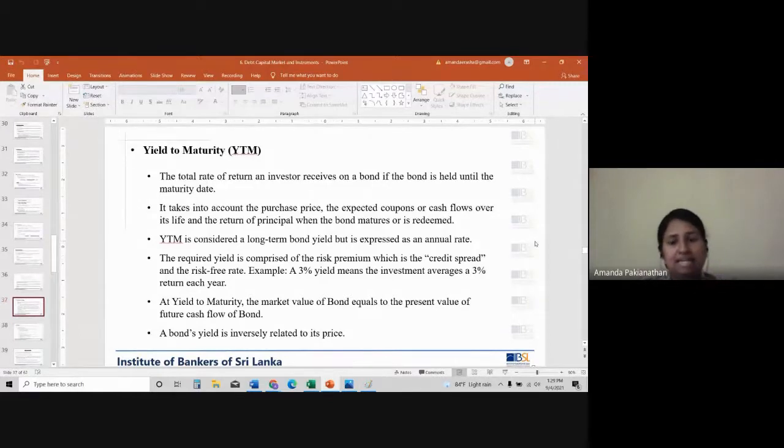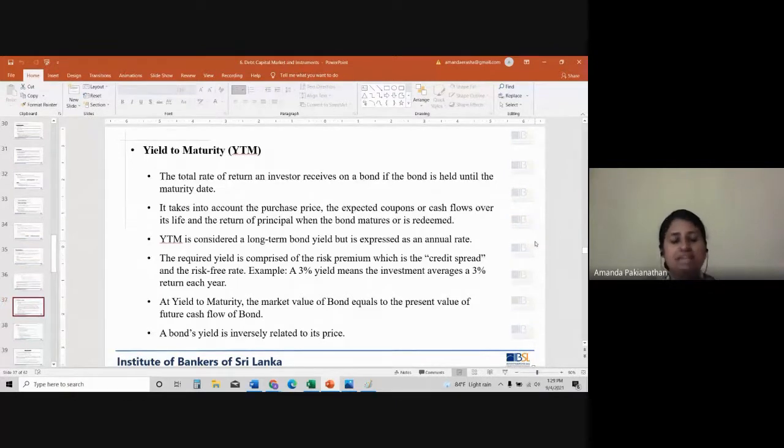But here, you are going to hold it until maturity. You will have several years included, the entire coupon pattern, and the repayment of the principal amount as well. So the entire life of the bond will get reflected in the yield to maturity calculation.